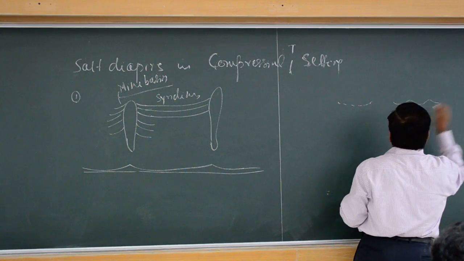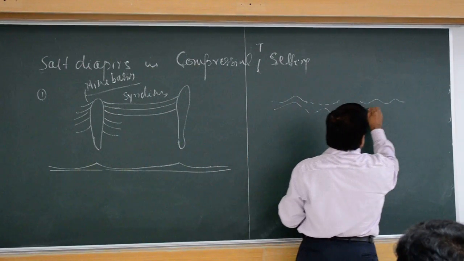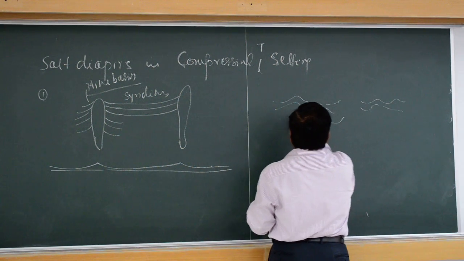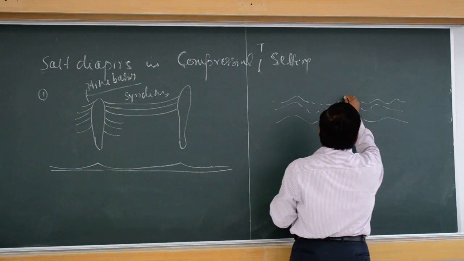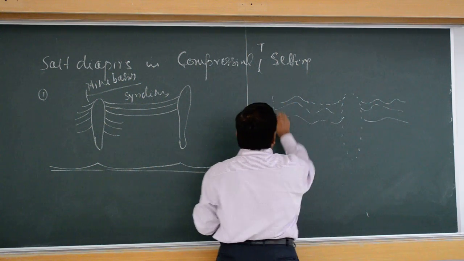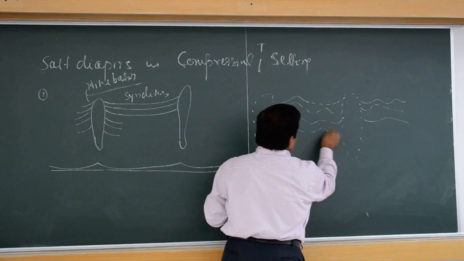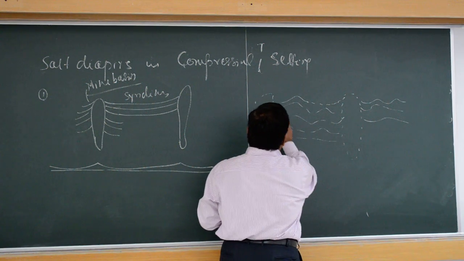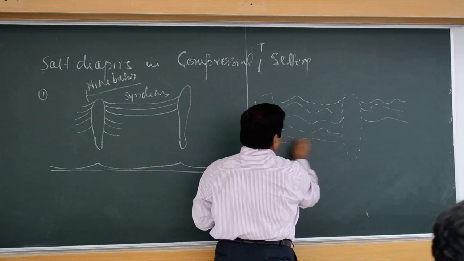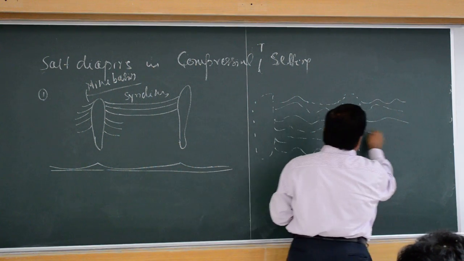There may be some antiform also. So this part will be there, with folded structures in between, starting with the synform on either side. There could be some antiform also inside.